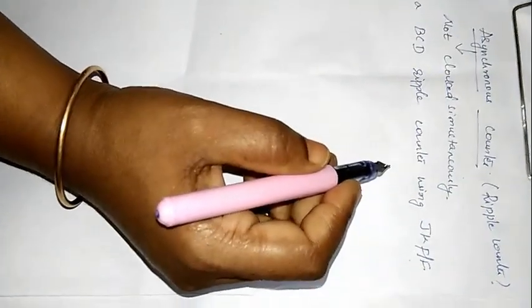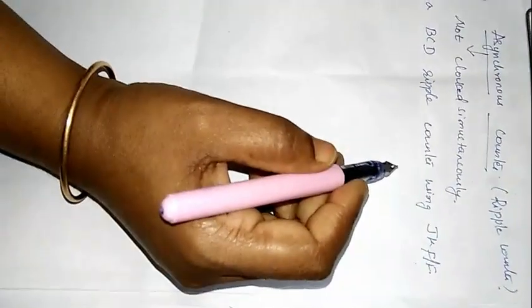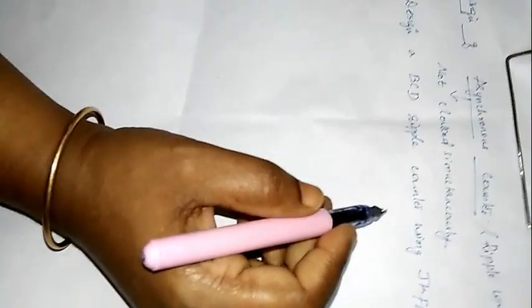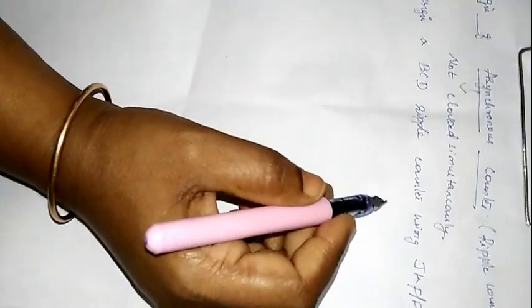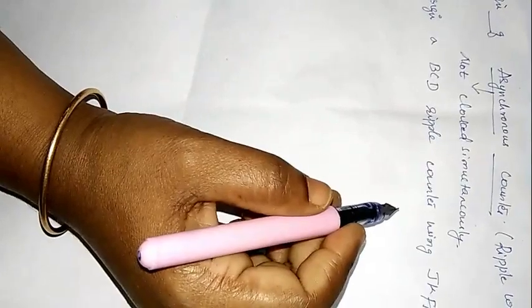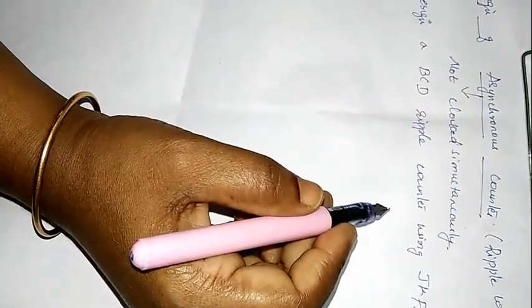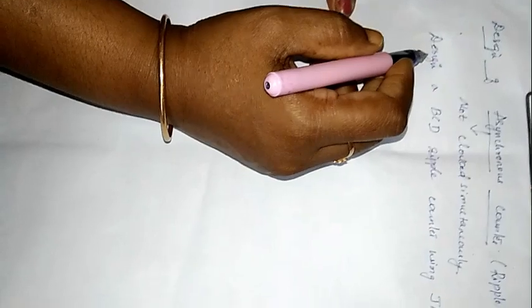That is, we count the state of the clock, and whichever state has a valid output, we say it is a valid state. I'll explain it all with the example, and it will be more clear. Whichever state is not valid, we mention it as not valid. That is the major task we do in an asynchronous counter.